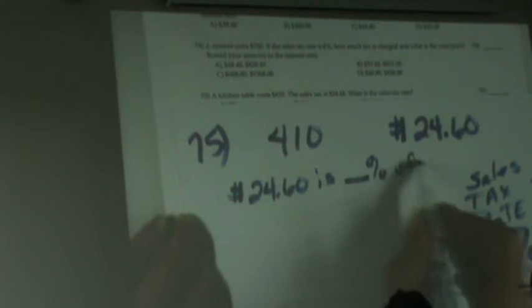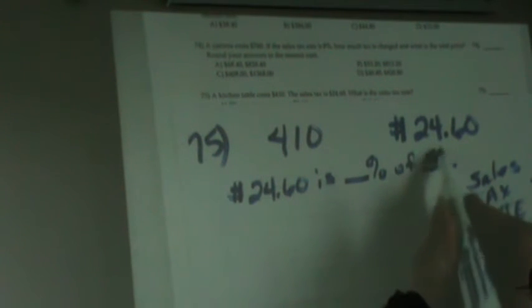75, a kitchen table cost 410. Sales tax is 24.60. What is the tax rate? The sales tax rate will be our percentage, right? Yes. We want to know the percent. So the tax is the percent of the purchase of the 410.